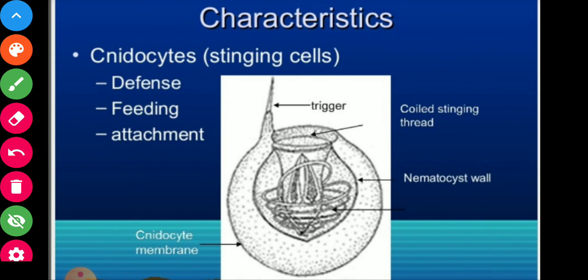They have cnidocytes, stinging cells for defense, feeding and attachment. So the purpose of these stinging cells is defense, feeding and attachment. This is the structure of a cnidocyte cell.